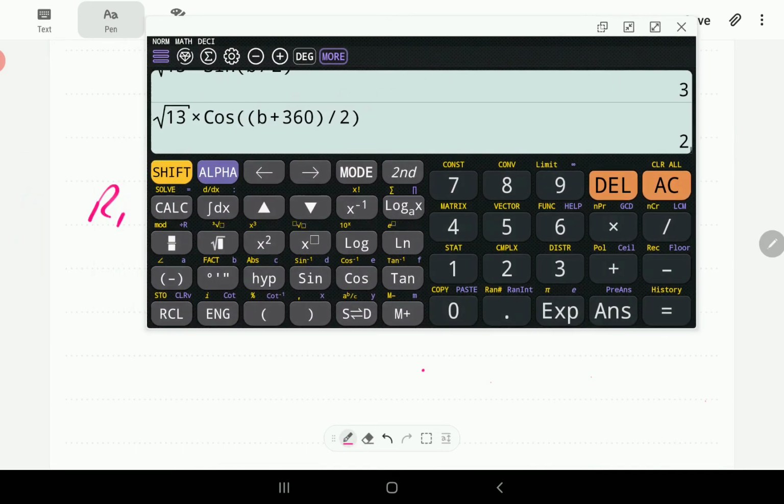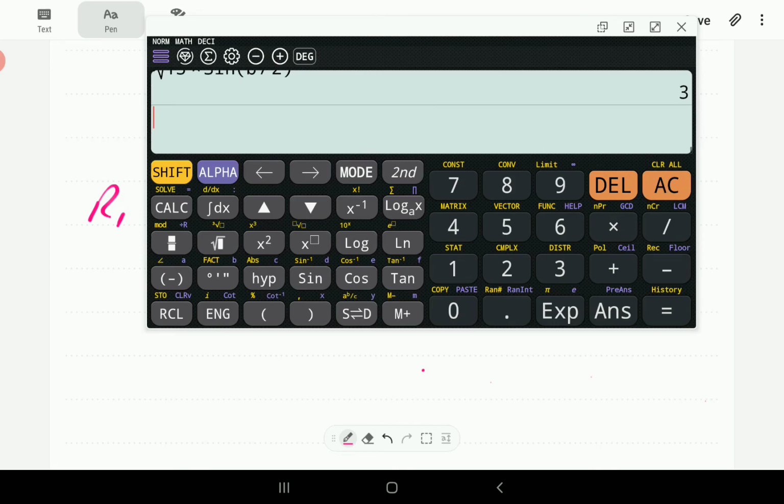And then we go back to the same calculation and we change this to sine this time. Okay, let's just do this from scratch.